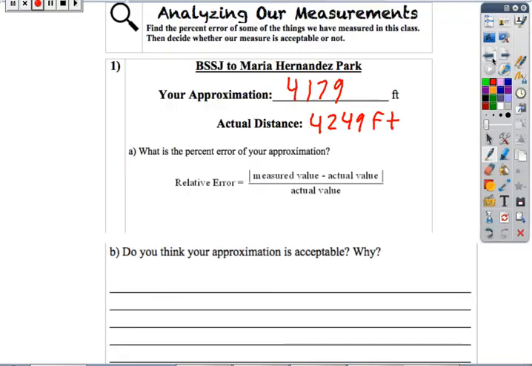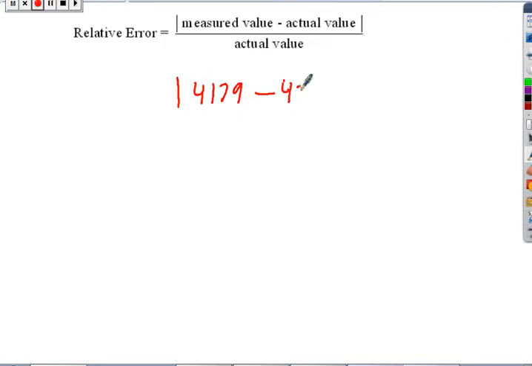When we went to Google Earth, the actual distance was 4,249 feet. We put that in absolute value bars because in this context, it doesn't make sense to have a negative percent error, so we're always going to keep these positive. That's why we have the absolute value in our formula.